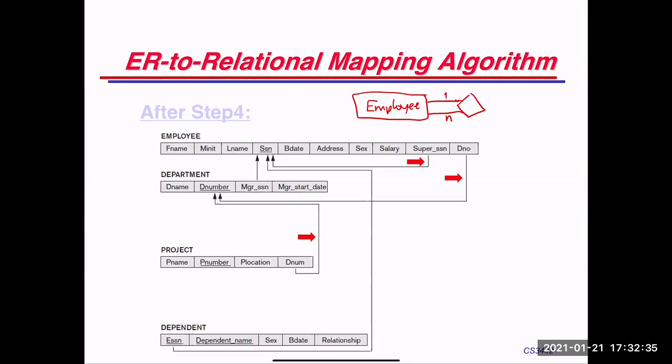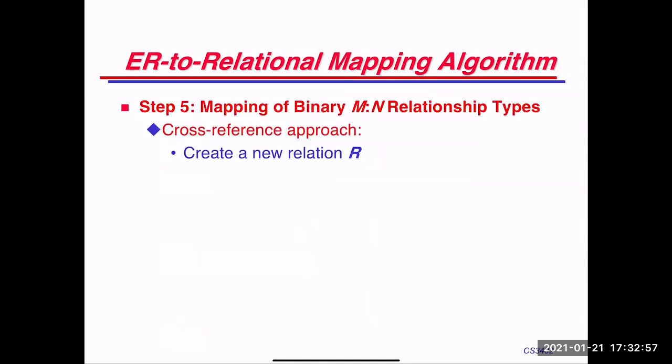We will talk about that in a later lecture. But for now, yes, some of these foreign keys can be null values, unless of course the ER model specified total participation, then you don't have any null values for that corresponding field.